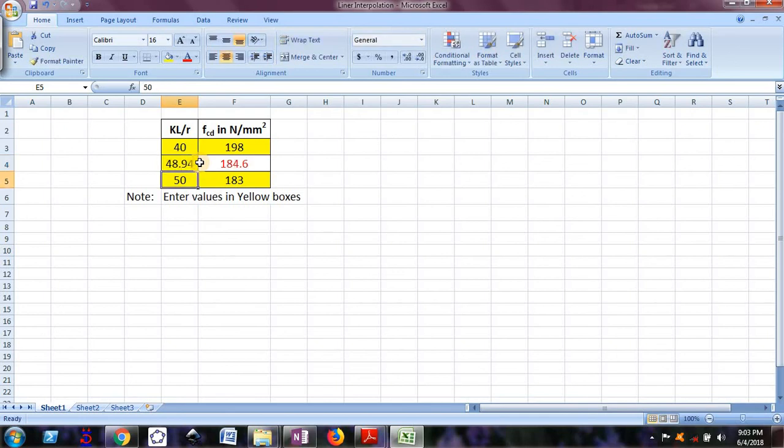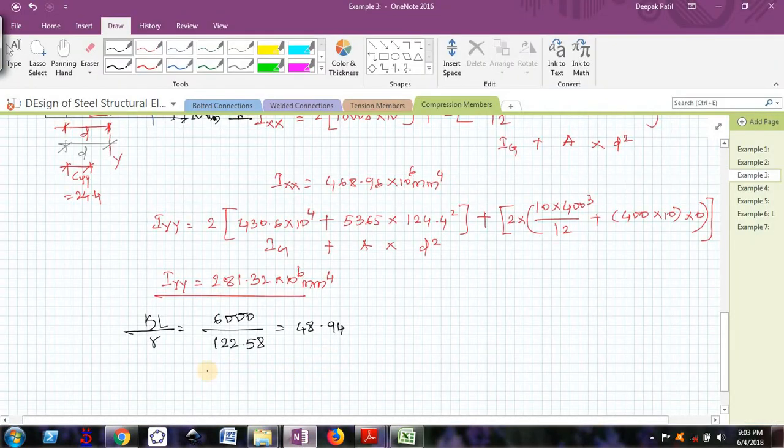So I am getting FCD as 184.6 Newton per mm square.